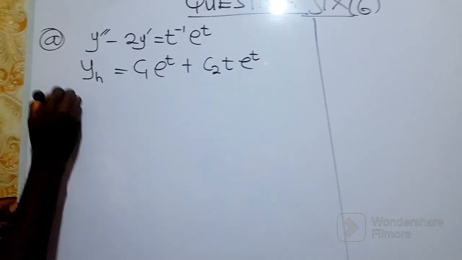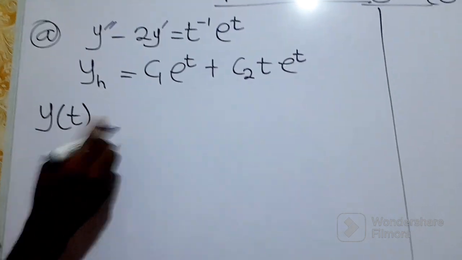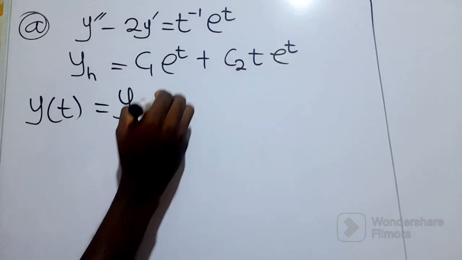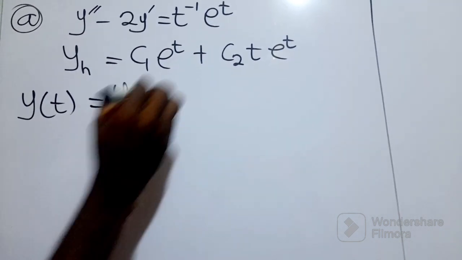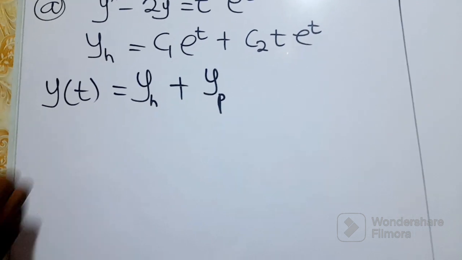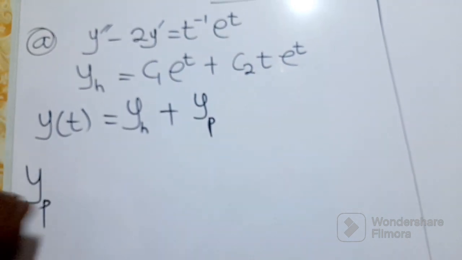So remember, according to the principle of superposition, y(t) will be equal to y_h, which has been provided, that's the complementary solution to the homogeneous side, plus y_p, which is the solution to the non-homogeneous side. So y_h has already been provided, so we find y_p.